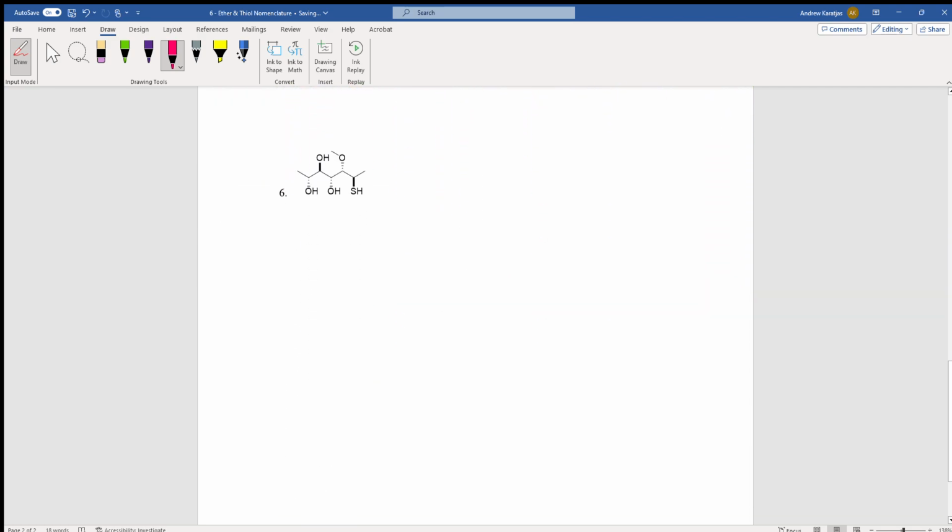And finally, one last example. Here we have alcohols, we have an ether, and we have a thiol. The highest priority functional group here are the alcohols, so that's going to control how we number it. So we're going to number this one left to right.